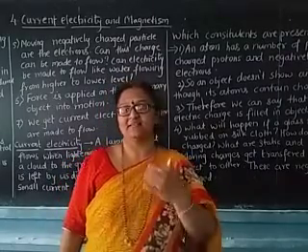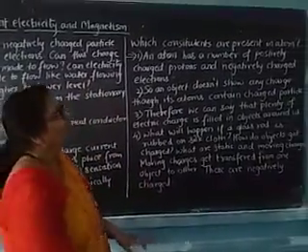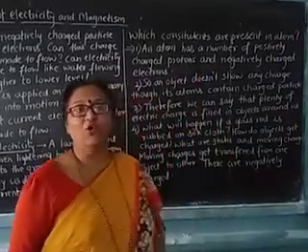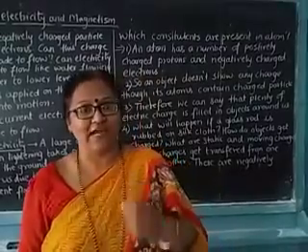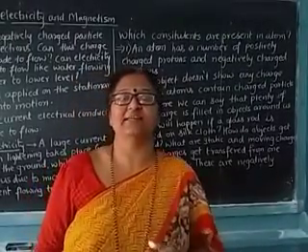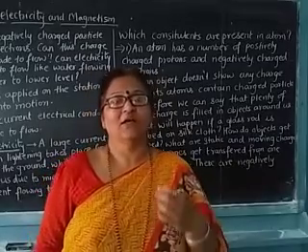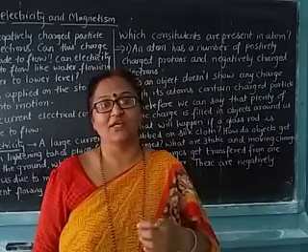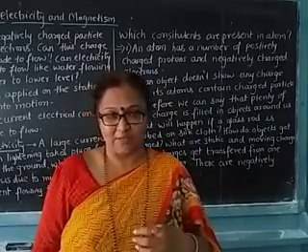Before starting this lecture, a very important thing to know is which constituents are present in an atom. We know that each and every substance is made up of atoms. When these atoms are bound together, a particular substance is made, or you can say a particular substance gets its definite shape.